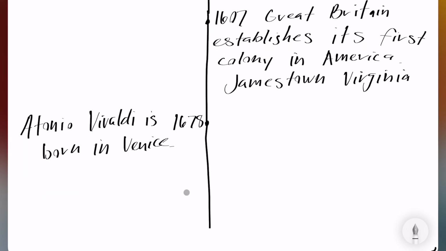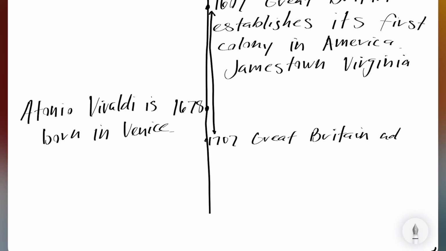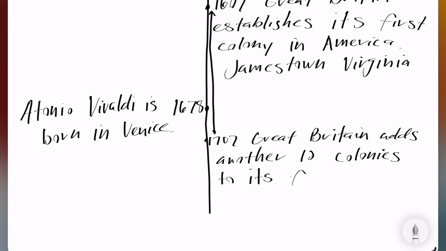Let me add from 1607 to, let's say, 1707. So for this period, we can say that Great Britain adds another 12 colonies to its first colony.